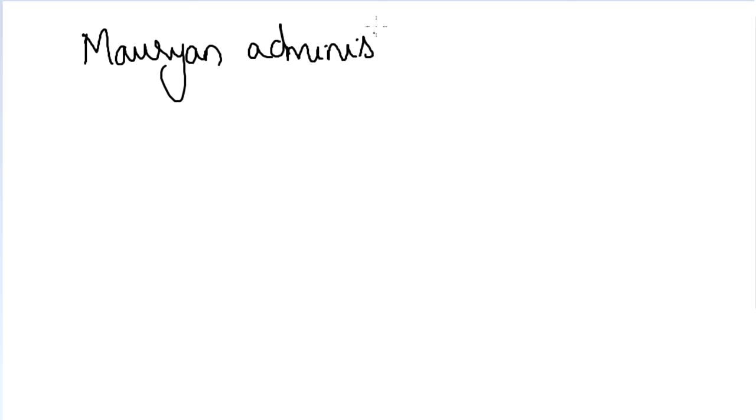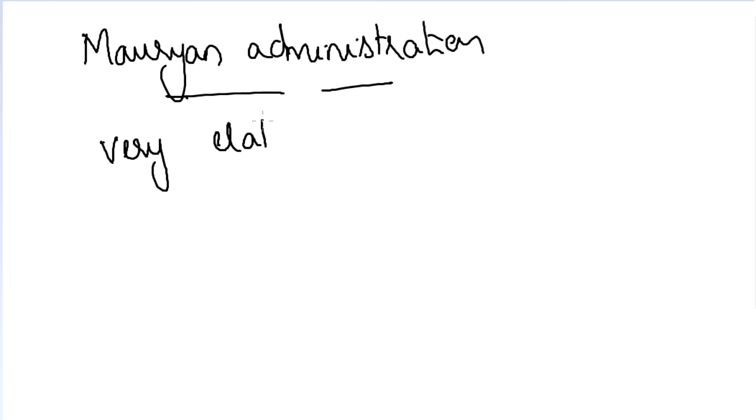So as I have told you, today's video is about Mauryan administration. They had a very elaborate system of administration. We know about this from the account of Megasthenes and the Arthashastra of Kautilya.